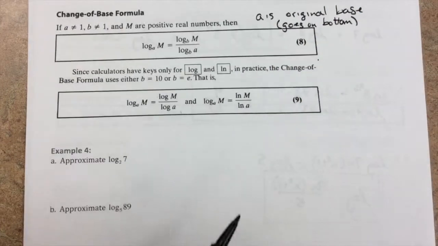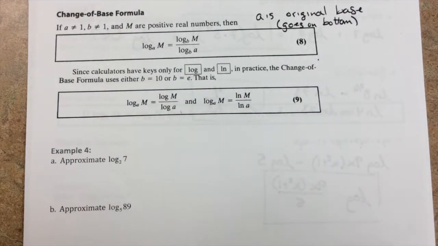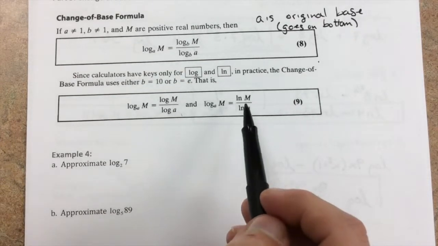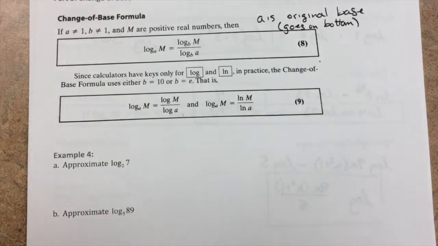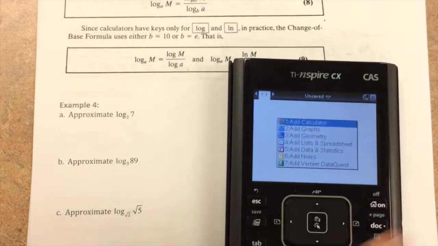So, like I said, since our calculators only have log and ln, especially if you're just using your phone, in practice, change of base usually looks like either log m over log a or ln of m divided by ln of a. So it says approximate, and I'm going to show on our calculators. So let me get mine out, and I'll make a new document. So, calculator.